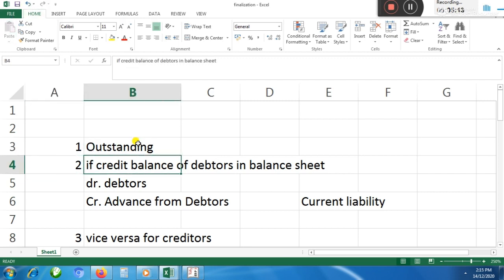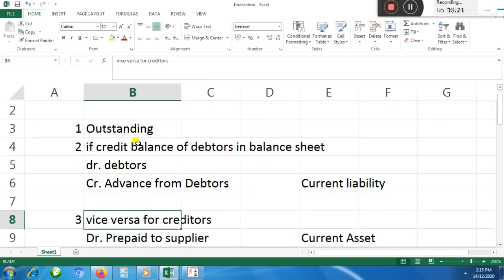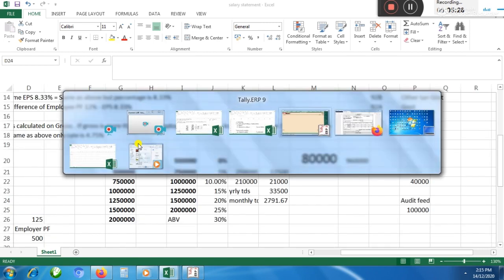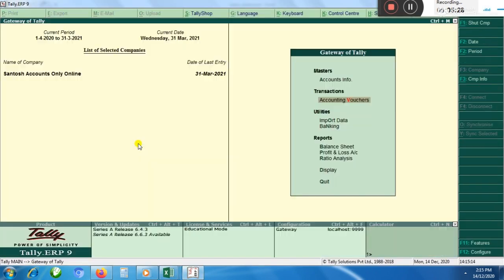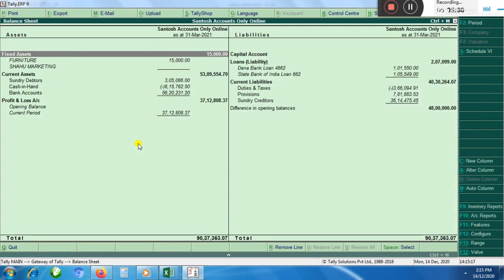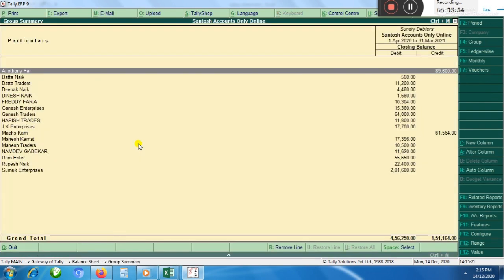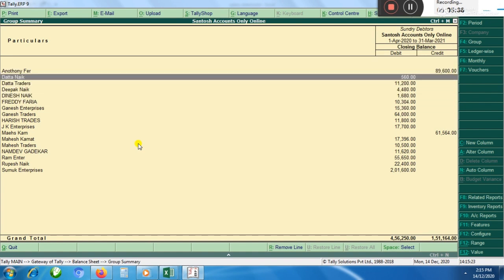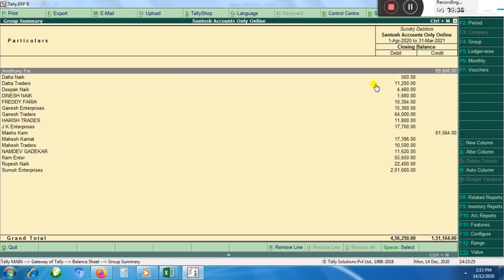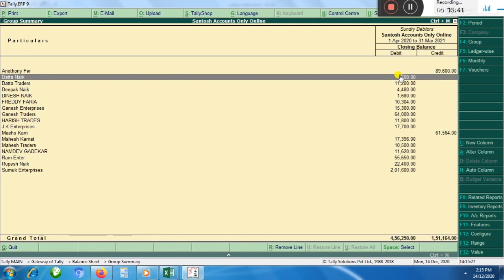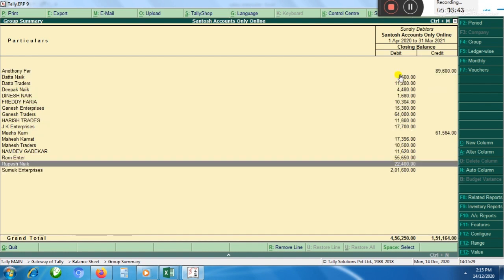Second is credit balances and debit balances. I'll explain about the credit balance of debtors in the balance sheet and the debit balance of debtors in the balance sheet. Sometimes if I go to the balance sheet, in debtors, see, whenever it's a debtor, remember, all the balances should come on the debit side.